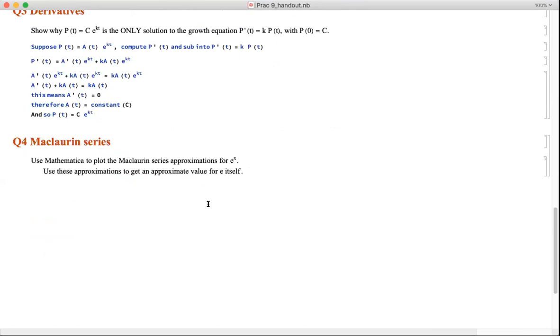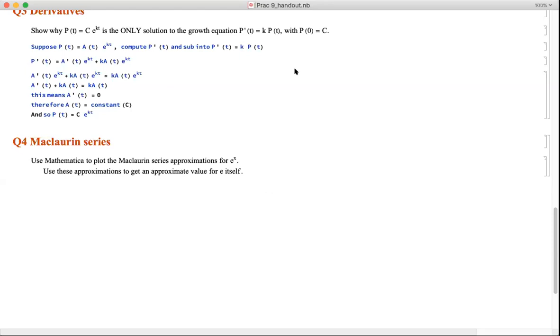Can you describe the difference between Taylor series and Maclaurin series? Yep, when a is 0, that's the Maclaurin series.